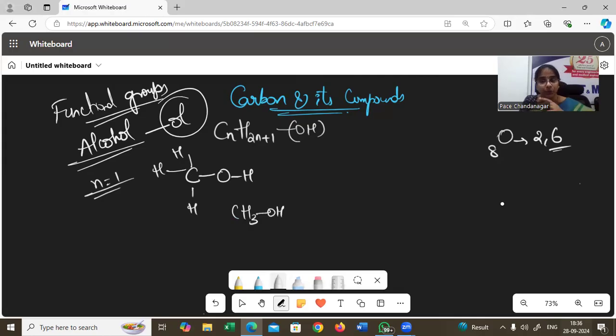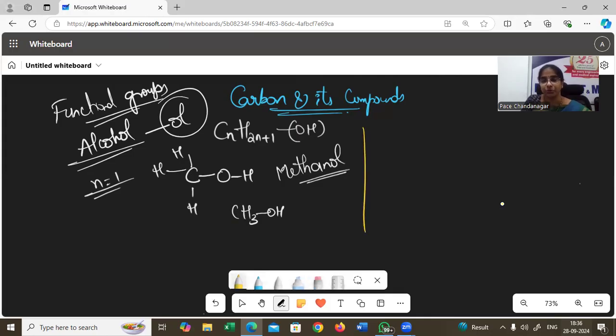Now, if n equals 1, that would be meth, and this is methanol. It is an alcohol, methanol. Then let's go with n equals 2. It is 2 carbons and put an OH there. O single bond H, or OH directly, it is fine.